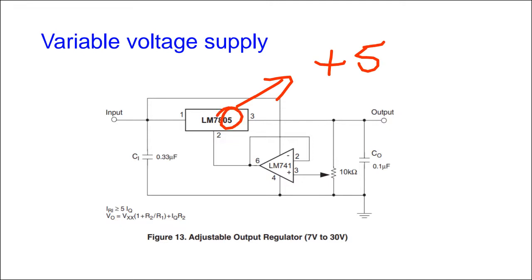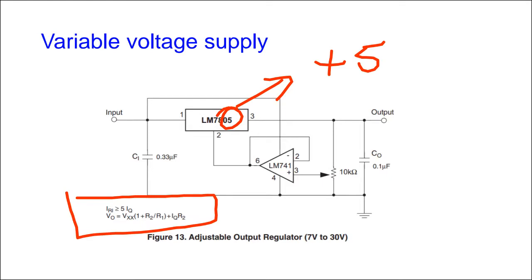Look at the last 2 digits there in this family. And now you see that because of the gain of the amplifier, and you check the spec sheets to see, the output is whatever the input is, 1 plus R1 over R2.